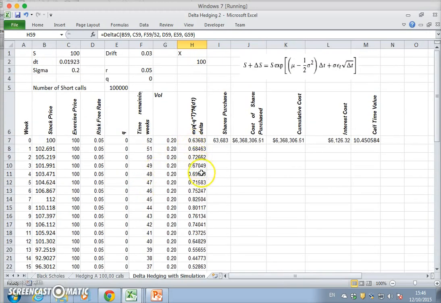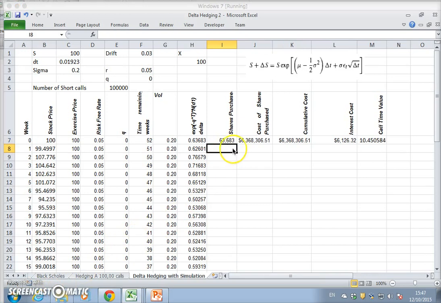Okay, so we've dealt the values, and now the number of shares purchased is 63,000. And just by returning, I've actually changed the spreadsheet. But to work out the rest here, to complete the rest of this delta hedging type strategy, I'll need a bit of time, so I'll do that in the next video clip.